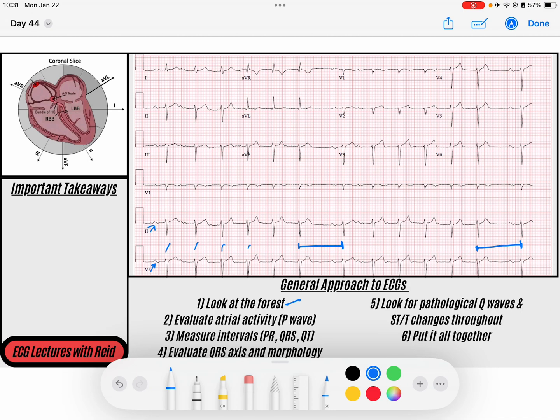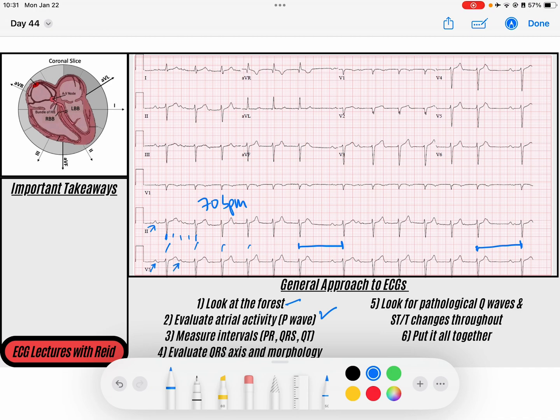What is the rate? Start off maybe with a QRS that ends on this solid line: 300, 150, 100, 75, roughly maybe just under that, maybe 70 beats per minute. So that's a normal rate. First step here, what is the atria doing? We said we had some P waves. I see another P wave there.